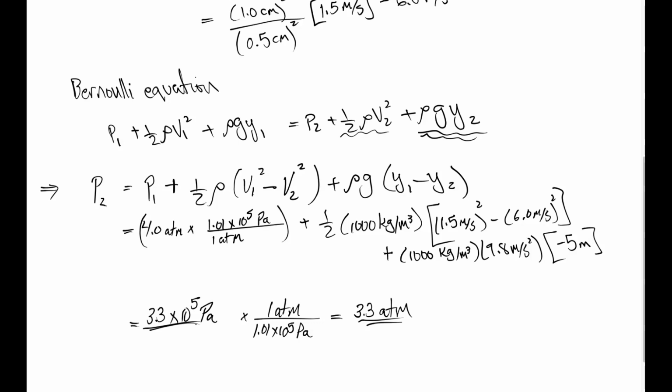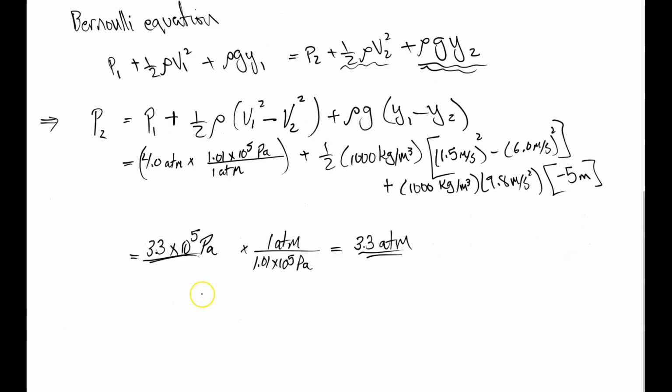So we found the speed, we found the pressure. We're asked for the volume flow rate for the bathroom, and remember that the volume flow is defined as the change in volume over the change in time, but that is either A1 V1 or A2 V2. So let's take this part and plug it in.